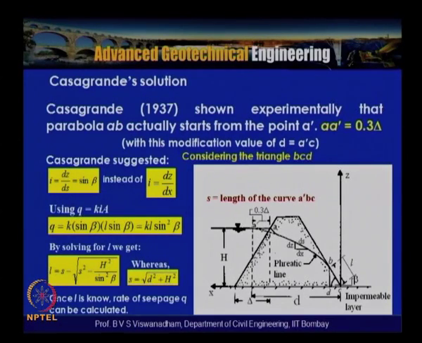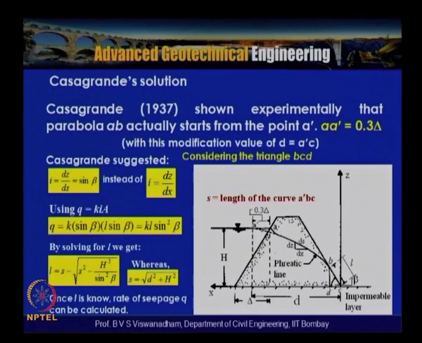Using q is equal to kiA, where flow is happening perpendicular to the plane, q is equal to k sin beta into A, that is the area of the cross section, which is nothing but L sin beta. So we can write q is equal to k L square sin beta.